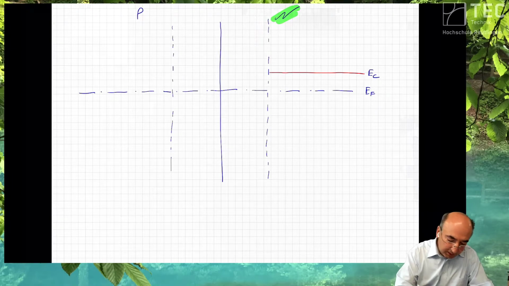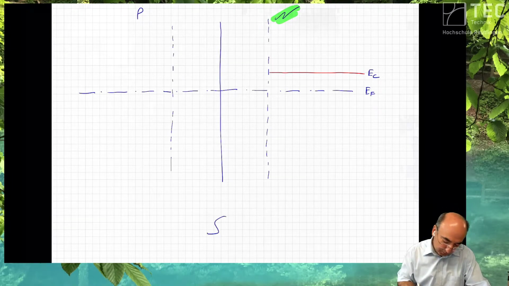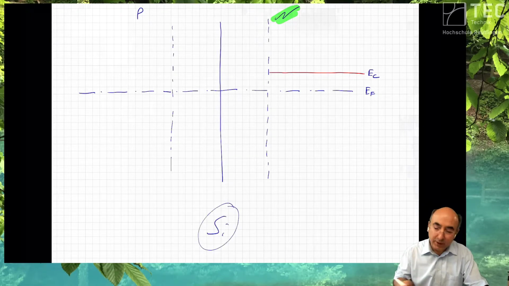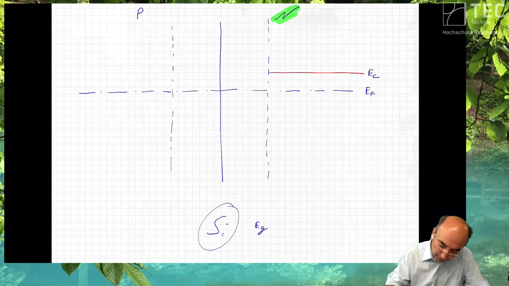Now we ask, what type of semiconductor do we have? Silicon in our case. Therefore, we know the band gap.